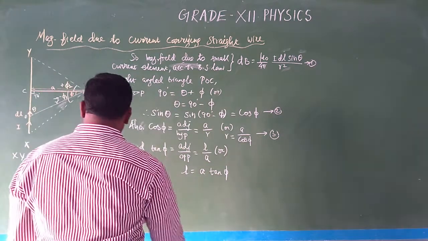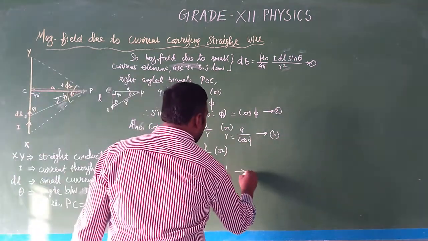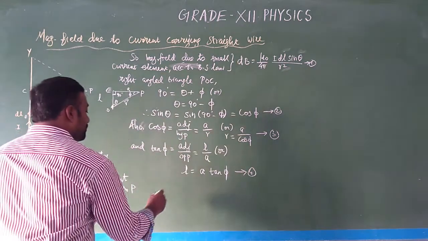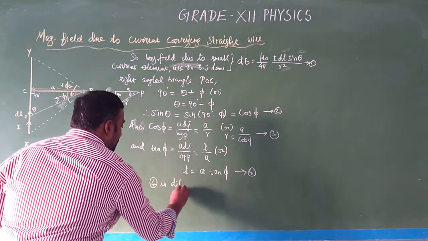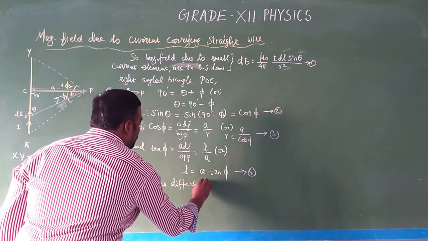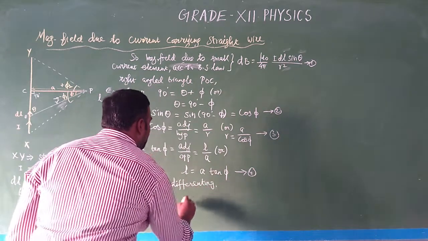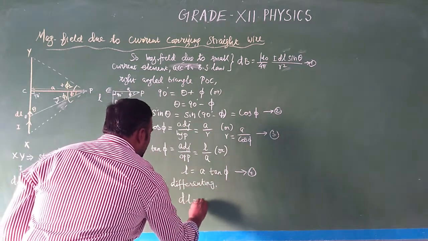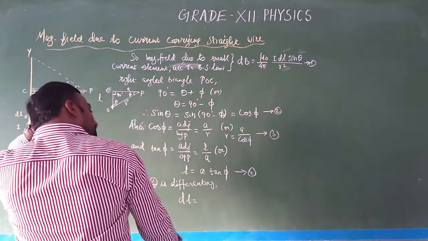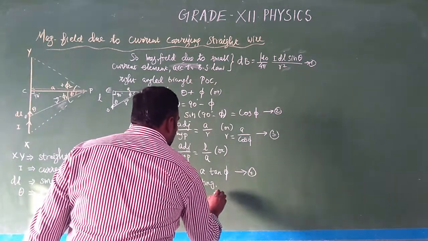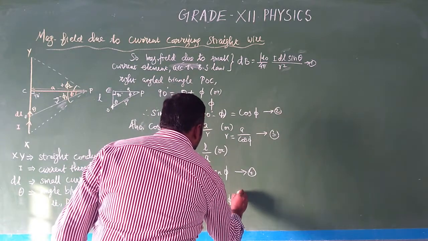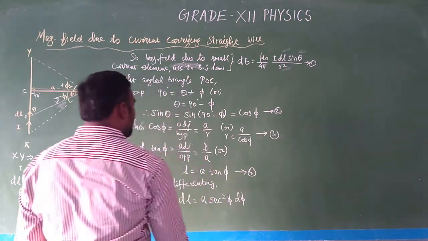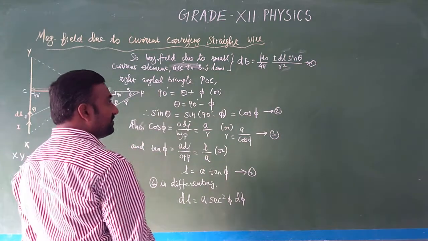Now this equation, we have this equation 4, differentiate on both sides. We know the differentiation. So after differentiation, we will get dl is equal to A, tan phi னா secant square phi, and further d phi.